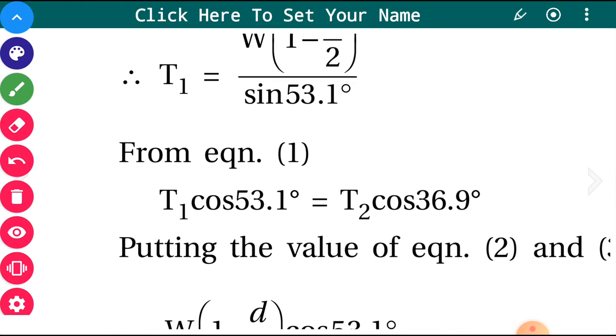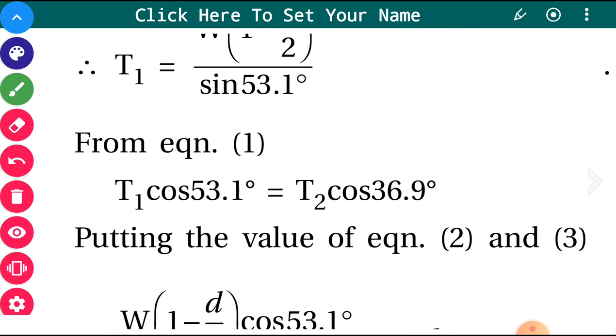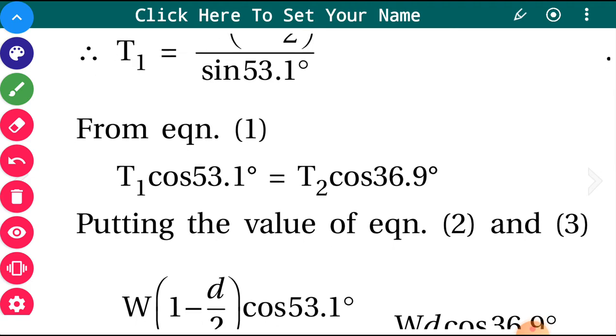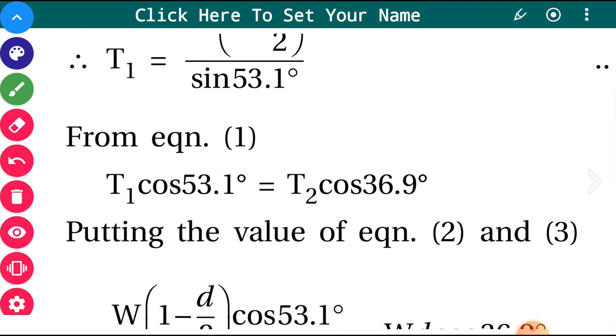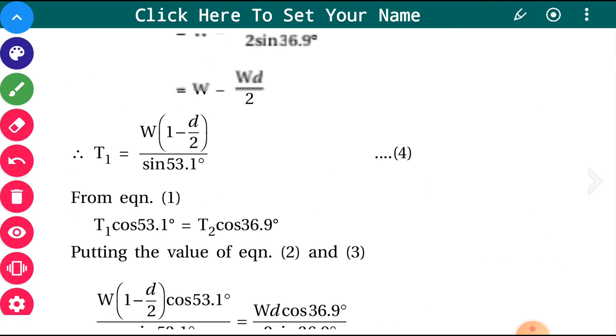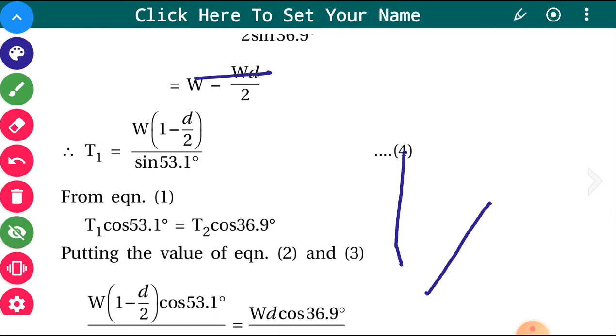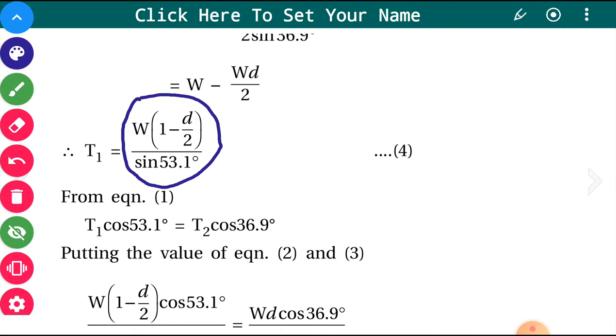And from equation 1, T1 cos 53.1 is equal to T2 cos 36.9. So instead of T1, this value is substituted in equation 1. T1 we got, so instead of this T1 we put this value.